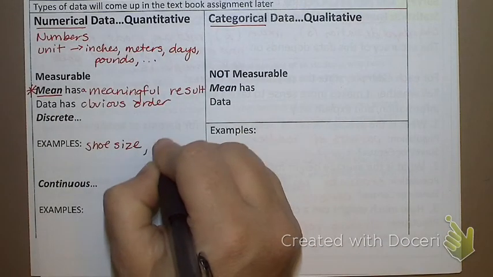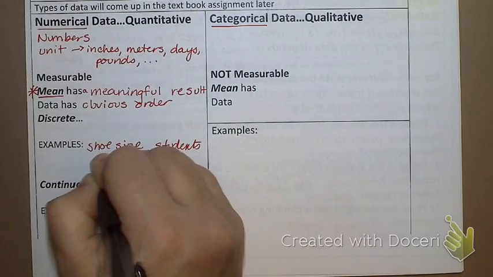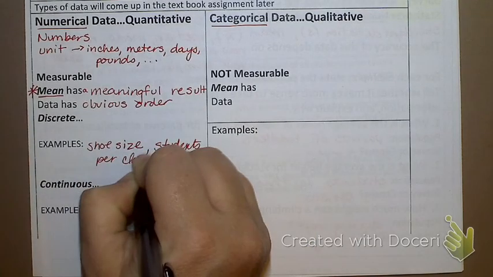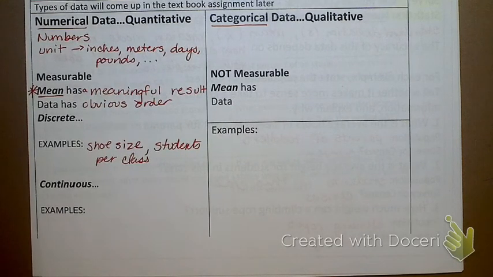Students per class. I like that example a little bit better because we can't say that the average class size is 34.2 students, right? Because 0.2 students doesn't really make sense. So we would say that's discrete. It has to be a whole number.